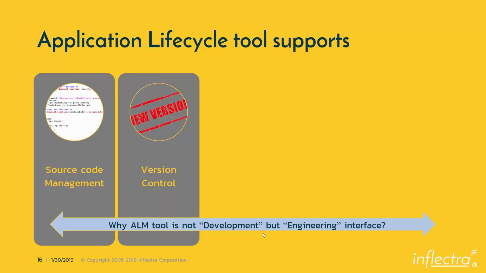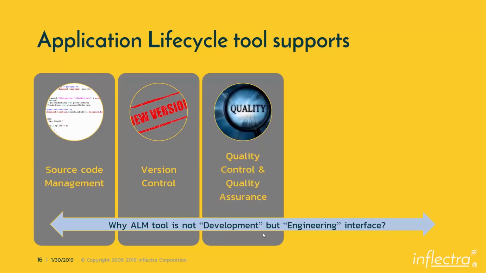The next part is going to be version control. While source code management supports at the coding level, the version control aspect of the application lifecycle management tool facilitates creating a software build with multiple versions based upon the actual files brought together to build the resulting software.